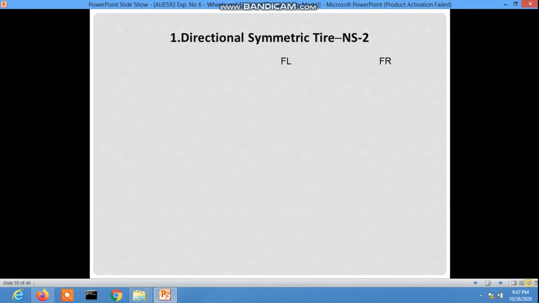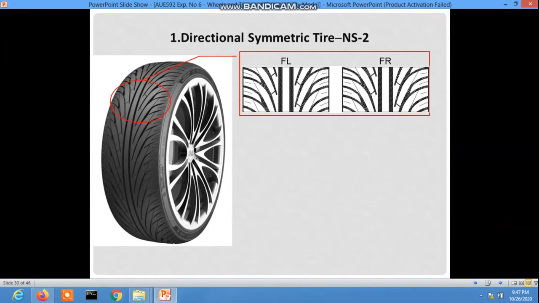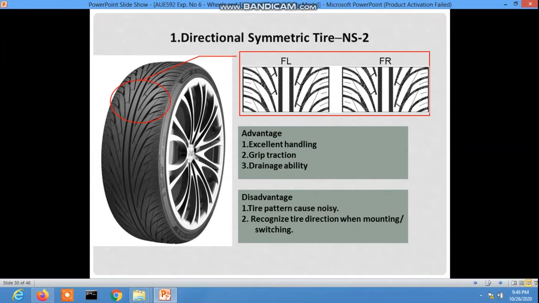So here is the pattern, front left and front right. So what is the advantage? The excellent handling, grip traction and drainage ability. Disadvantage, the tire pattern causes noise. Recognize tire directions when mounting and switching.